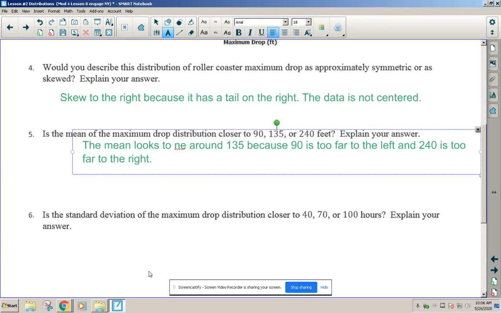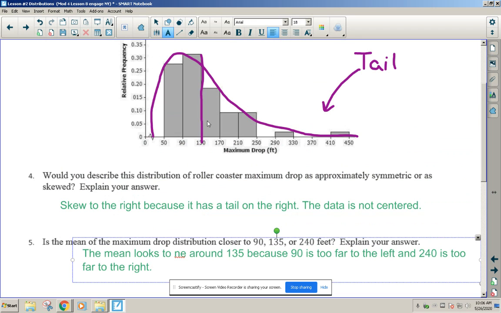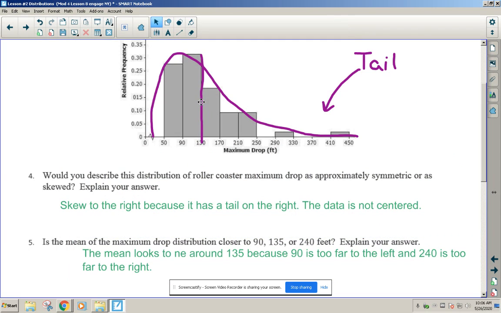But if you're looking at the standard deviation around the 135, which actually I'm going to move this little bar over a little, so this would be around 135. If you went 40 on each side from here, it just doesn't look big enough to be a good standard. But if you went here and here, that looks to be a much better spread of the data from this center.